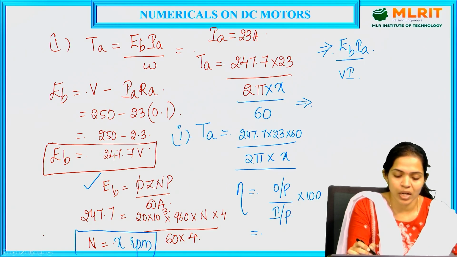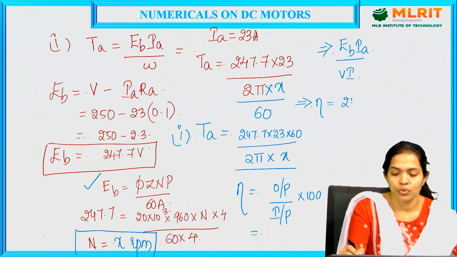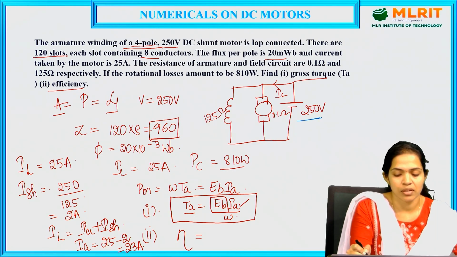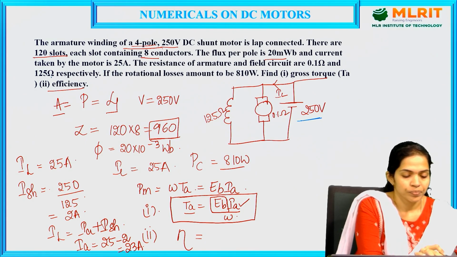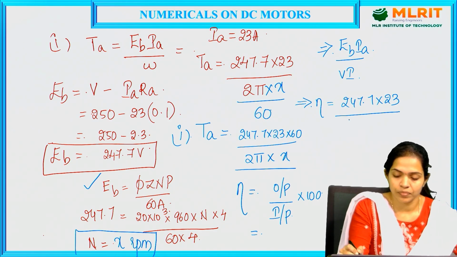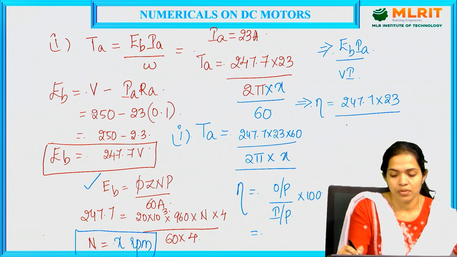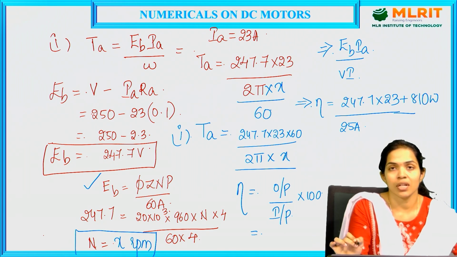So EB into IA, EB we have got it as 247.7 into 23 divided by V. V is nothing but the terminal voltage, or this one, 250, and the line current is 25 amperes. Here we are going to add the losses which are given in the question, the rotational losses, which is given as 810 watts.